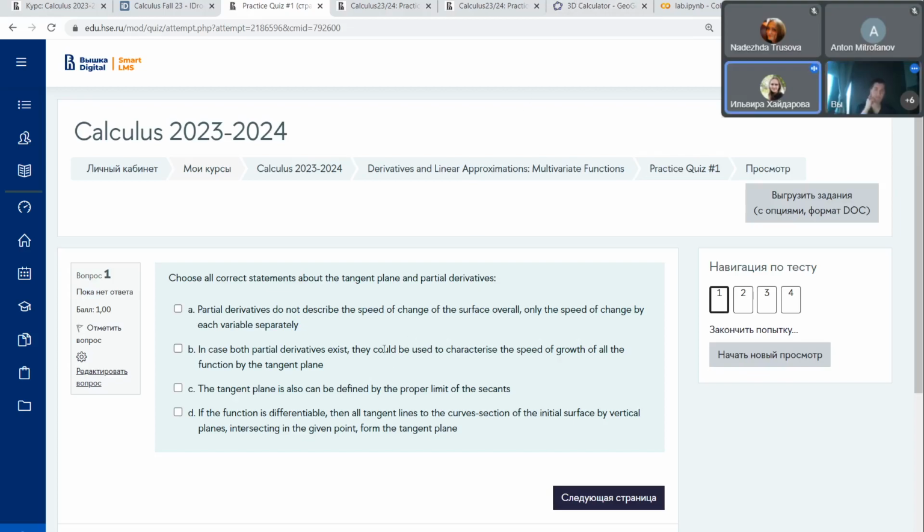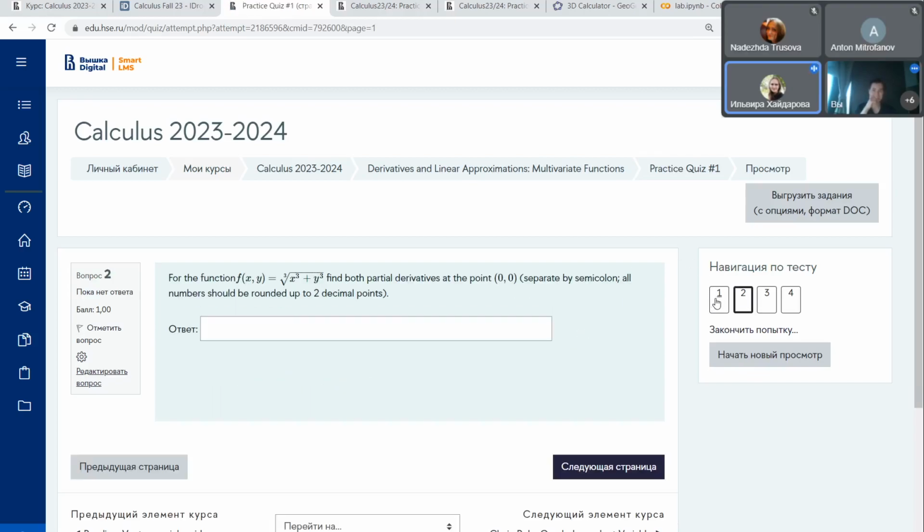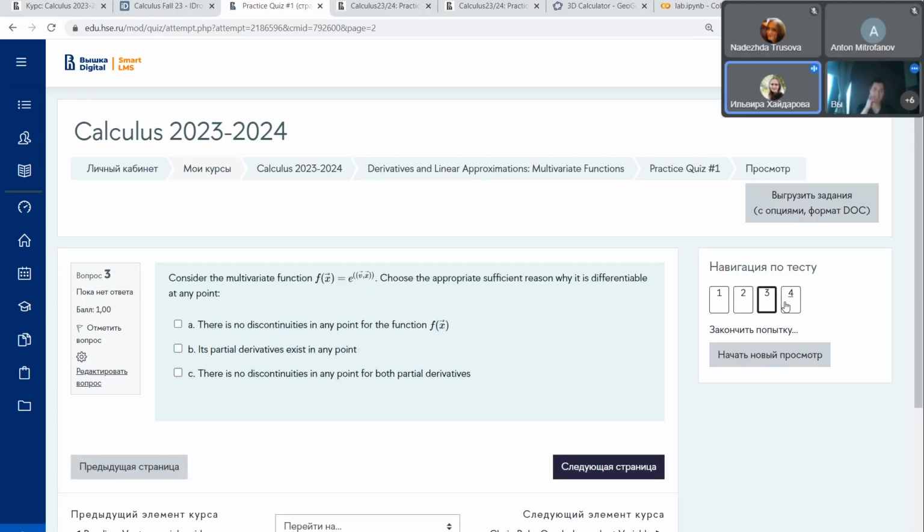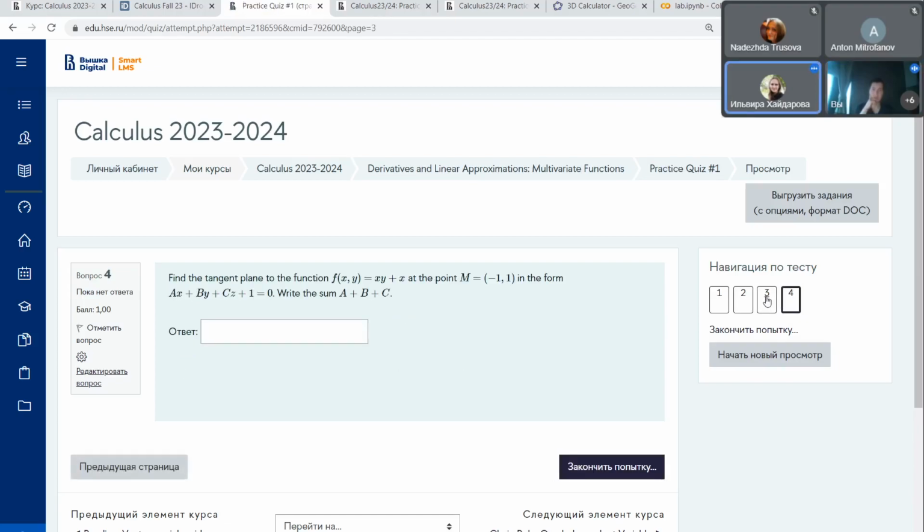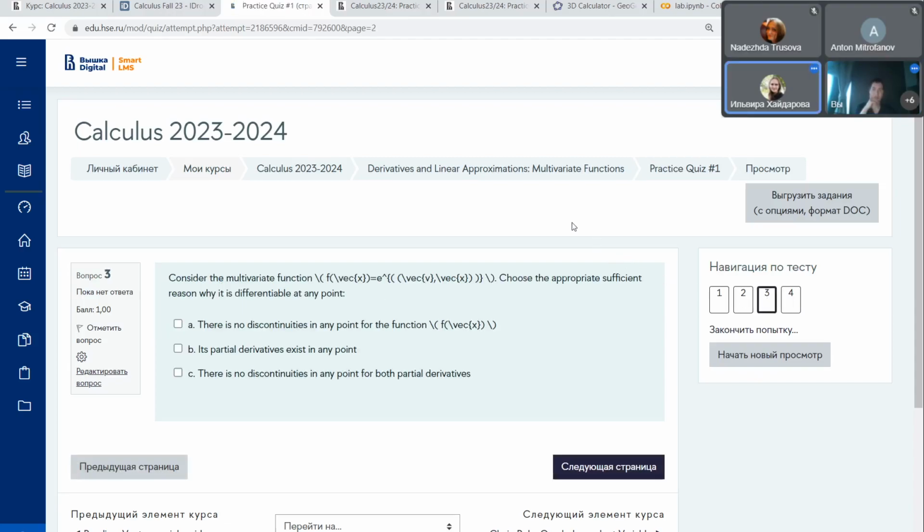To be honest, the tests are not the trickiest part. For example, the second one you already explained. The fourth one is about the tangent plane. How to compute it? This one I did. The second one I haven't started yet. So, what do you want to discuss?